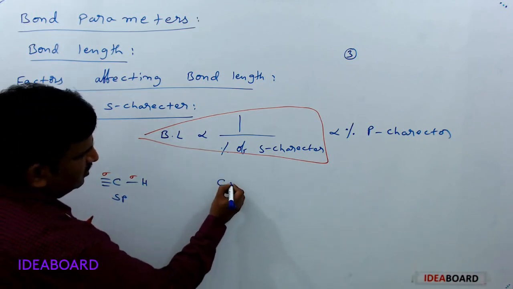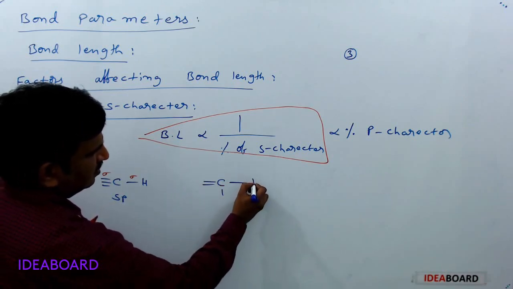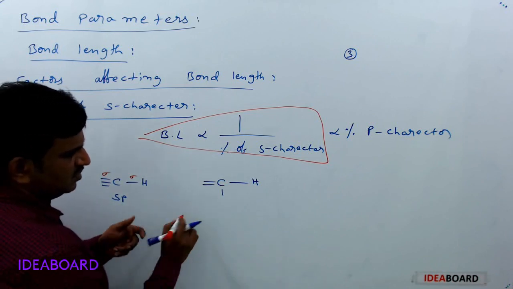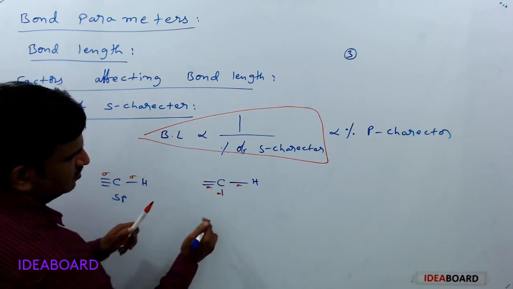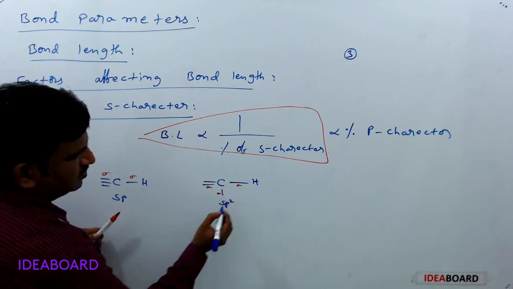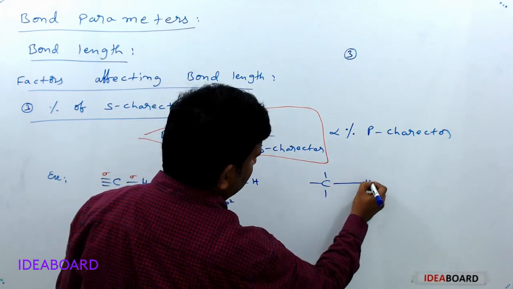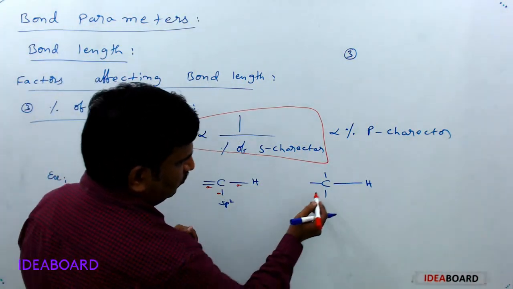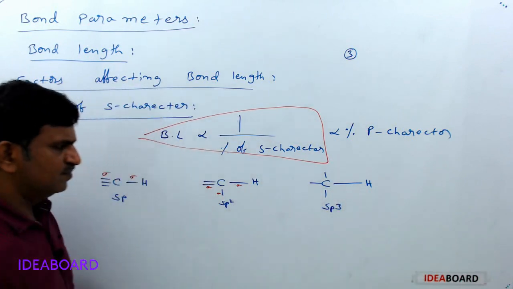Next, suppose a double bond is present, another single bond, and a hydrogen. Here there are 1, 2, 3 sigma bonds, so this is an sp2 hybridized carbon. And if there are only single bonds around this carbon, with a hydrogen, 4 sigma bonds means this is an sp3 carbon.